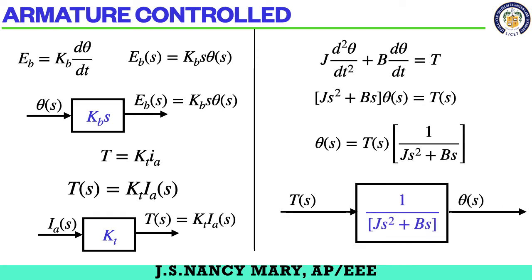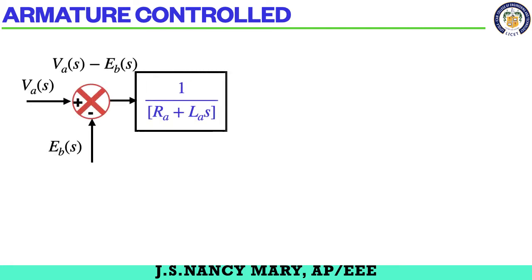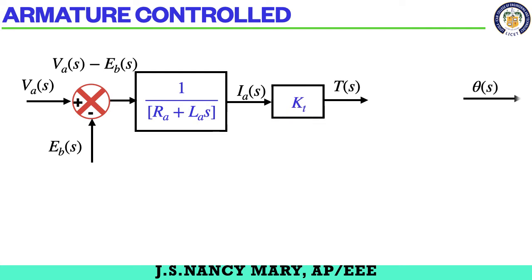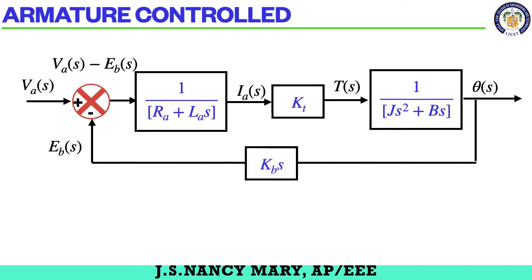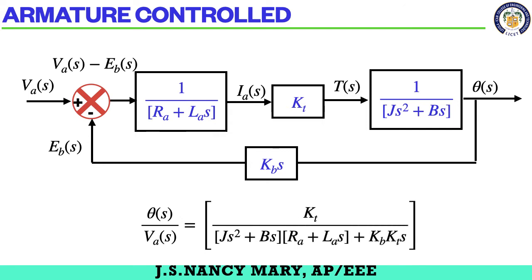So these are the blocks. Replacing Ia and T, the block is Kt. Between T and theta, the block is 1 by J s square plus Bs, and then I will have my Kb s feedback like this. This is my block diagram and the transfer function for armature control.